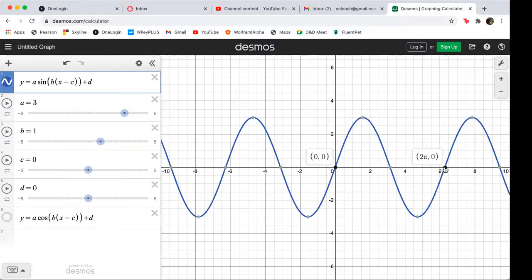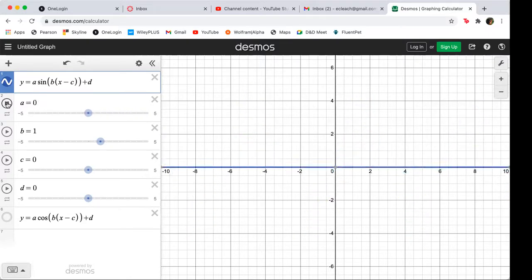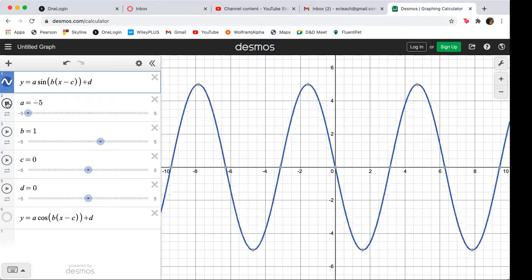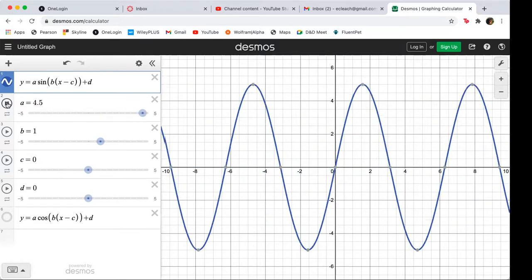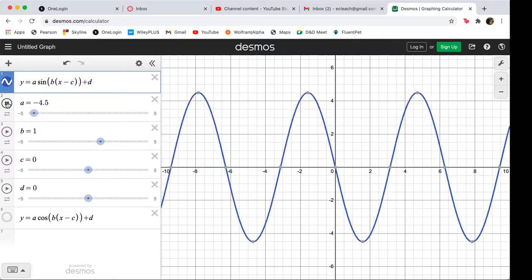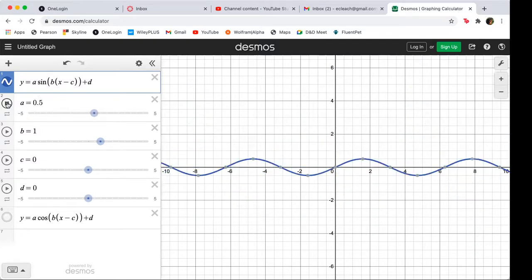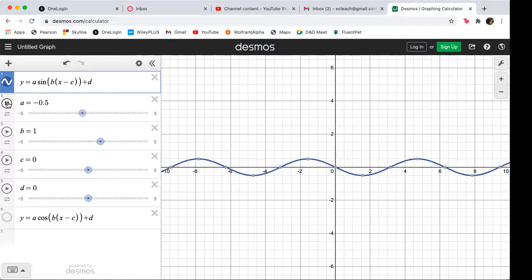The point from the middle going up to the next middle going up is still from 0 to 2 pi. So as we adjust the amplitude, we can see that we're just stretching the graph vertically, but when y is equal to 0, multiplying 0 by anything doesn't change anything. So that's why all the x-intercepts stay where they are.